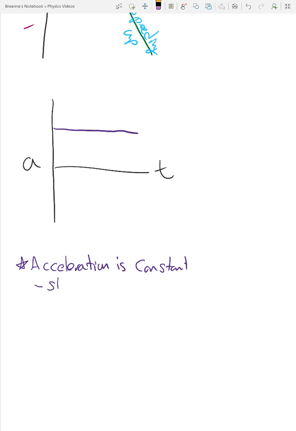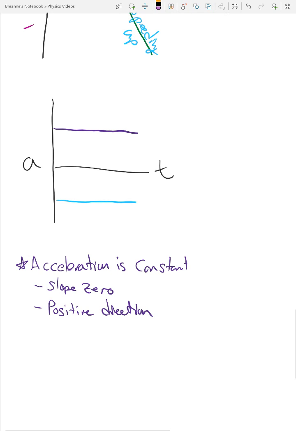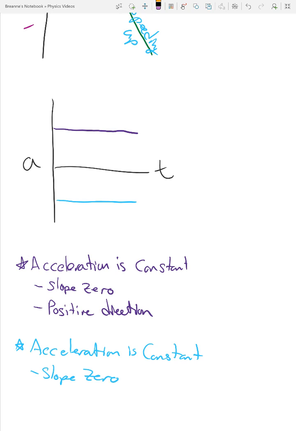So your slope is 0, and you're in the positive direction because you're on the positive side. You have another one. Your acceleration is constant. Your slope is 0. We're just in the negative direction.